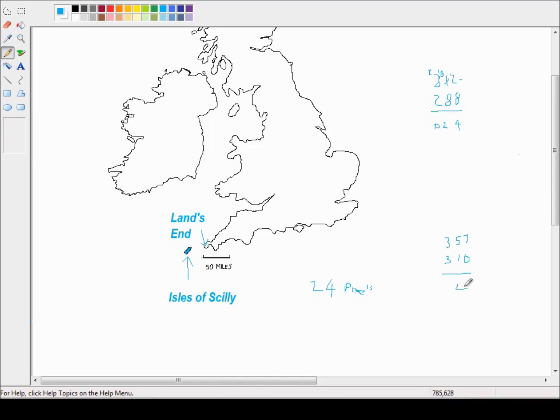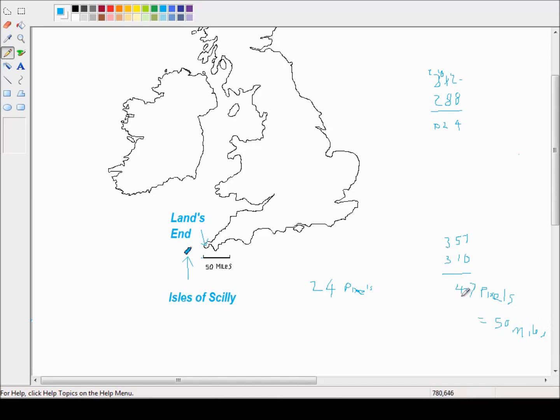Okay, so that's 47 pixels is equal to 50 miles. Brilliant.